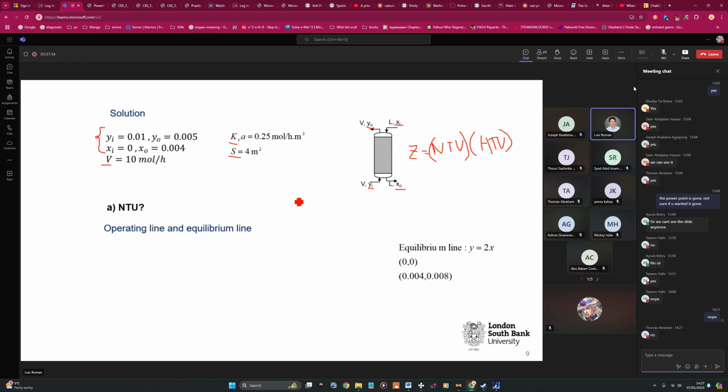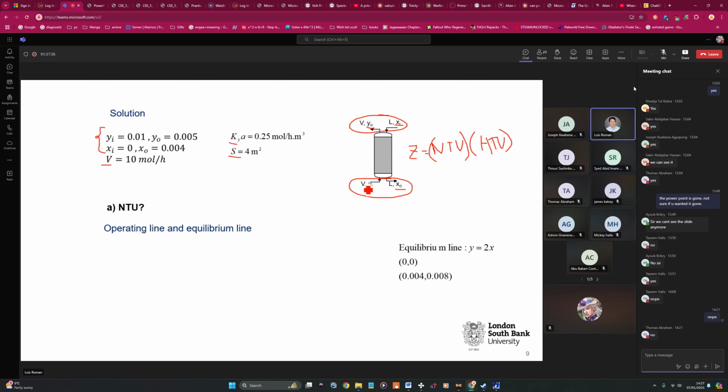So we need to draw our operating lines. So we need two lines, the operating line and the equilibrium line. So the operating line is obtained from the values of the compositions at the bottom and at the top of the column.